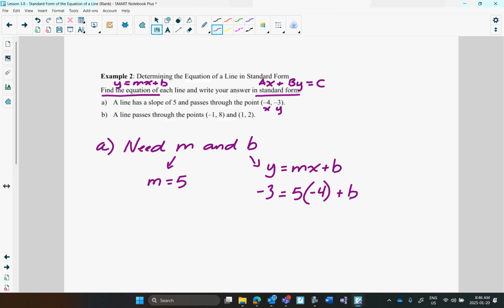And then we solve. So -3 is equal to -20 plus b. B is on the right, so we can pull this -20 over to the left to get our final answer. And 17 is equal to b. There's my two pieces.